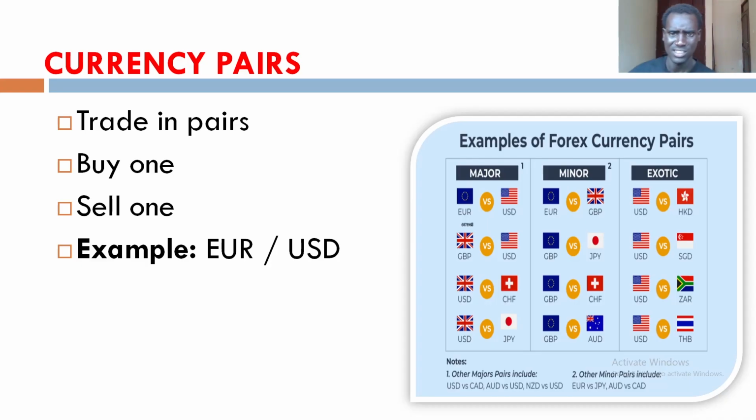Let me explain it in a very simple way. When the market shows me that the economy of Euro is stronger, I will place a buy, right? And when the market shows me that the economy of the United States is stronger, and the one of Euro is weak, I will place a sell. That's what it means.